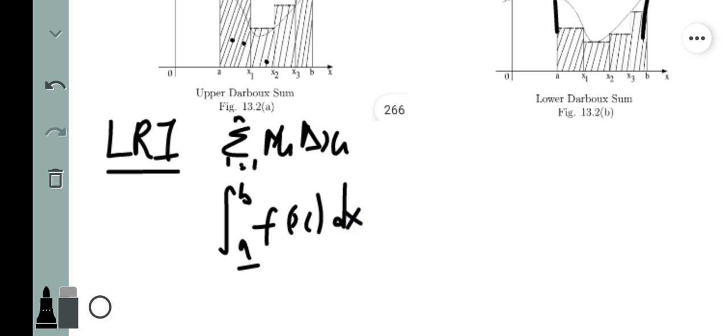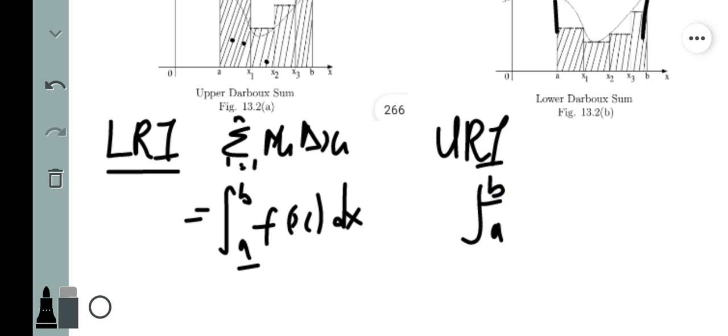This one here is the lower Riemann integral, while the upper Riemann integral is the integral from a to b of upper f of x dx. This is the upper Riemann integral, and this is the lower Riemann integral. They are both gotten from our lower sum and upper sum.